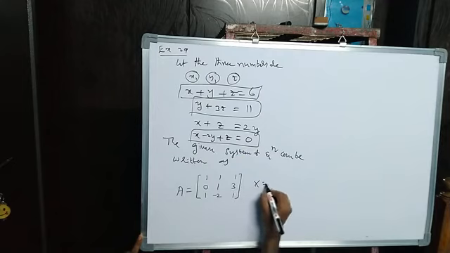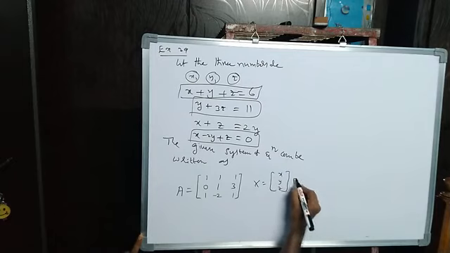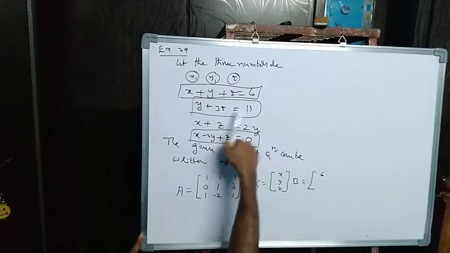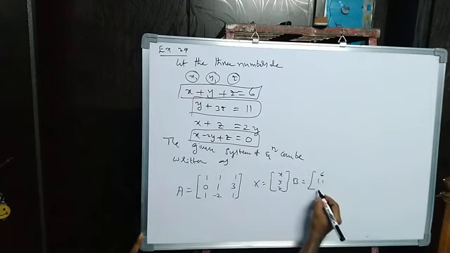Okay, and matrix X is the same: X, Y, Z. Next, matrix B, the constants. Write the constants on the right side: 6, in the second equation 11, third equation 0. 6, 11, 0.